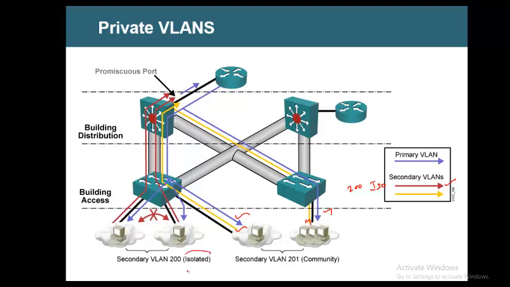Members of isolate, even though they are members of the same VLAN, will not be able to communicate, but they can talk to Prometheus. And if these two isolate want to talk, they need to go through the Prometheus. So there is a primary VLAN, let's say 100. That's the Prometheus VLAN. And these are all secondary VLANs, 200, 201. You can also call them sub VLANs.